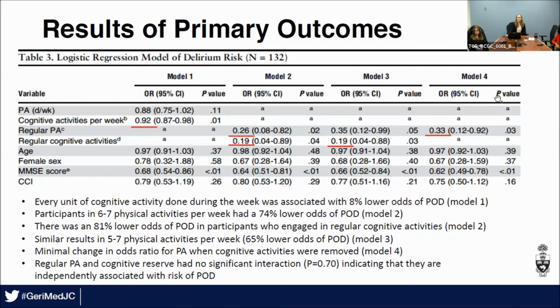And in the fourth model, they took out cognitive activities to see if it was still significant with physical activities. So they found that there was minimal change in the odds ratio for physical activity when cognitive activities were removed. And then they did say that regular physical activity and cognitive reserve had no significant interaction, so a p-value of 0.7, indicating that they're independently associated with the risk of post-op delirium.